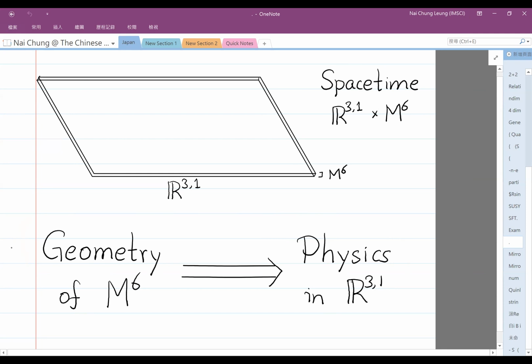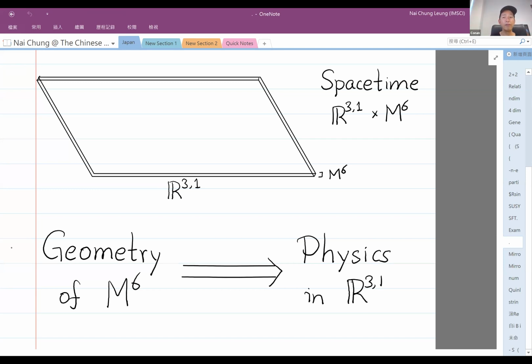So let's continue, and this is exactly one of the points I'm making here: in this 10-dimensional space-time, our physics looks like we are living in a 4-dimensional space, and this internal space is so tiny. However, the geometry of this 6-dimensional space in fact controls much of the physics in our 4-dimensional space-time. That's why we really want to understand the geometry of this Calabi-Yau threefold.